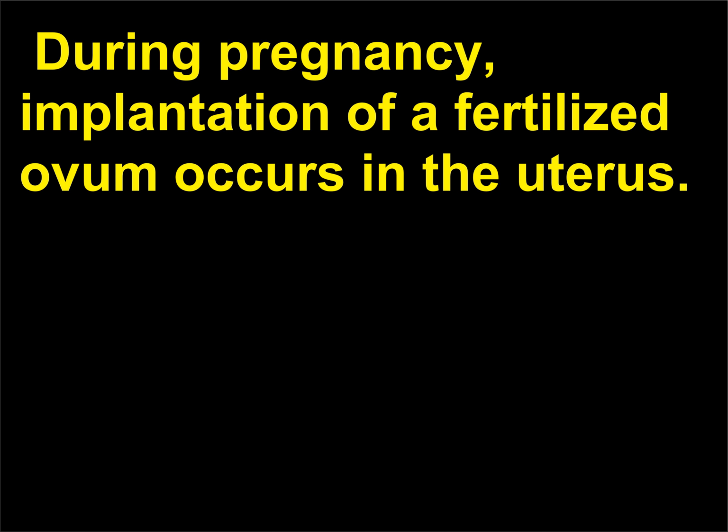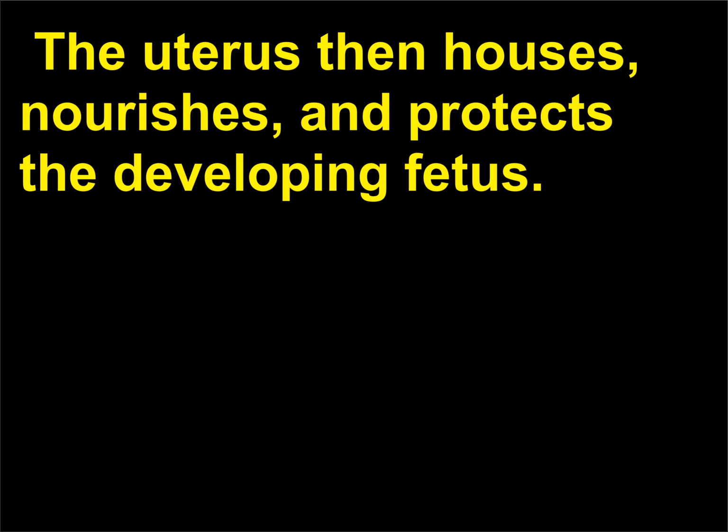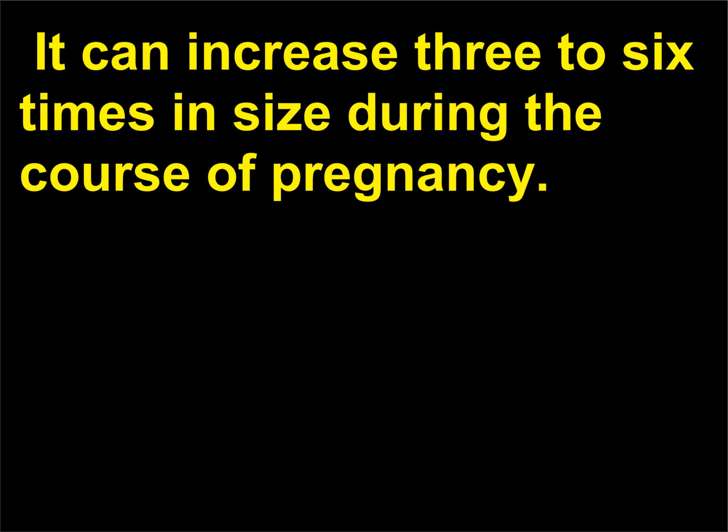During pregnancy, implantation of a fertilized ovum occurs in the uterus. The uterus then houses, nourishes, and protects the developing fetus. It can increase 3 to 6 times in size during the course of pregnancy.